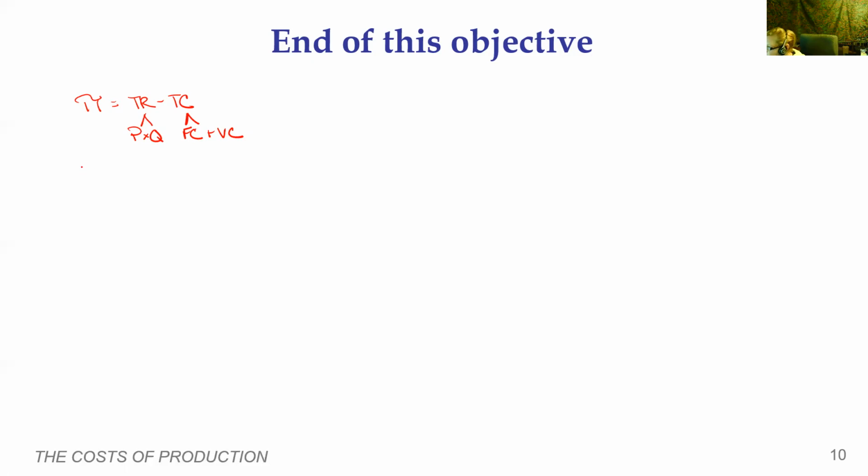So we've learned so far that marginal revenue is equal to the change in total revenue divided by the change in quantity. We also are going to look at the idea of averaging this stuff. So in terms of costs, we're going to say that an average total cost, or ATC, is equal to total cost divided by quantity.